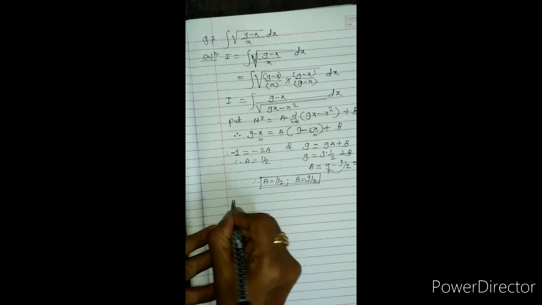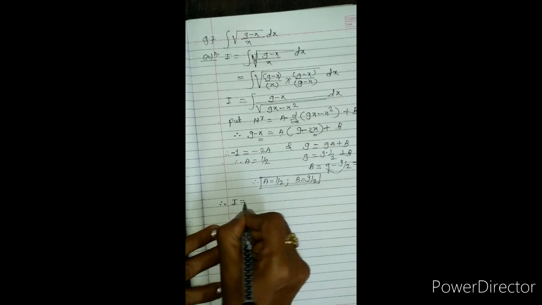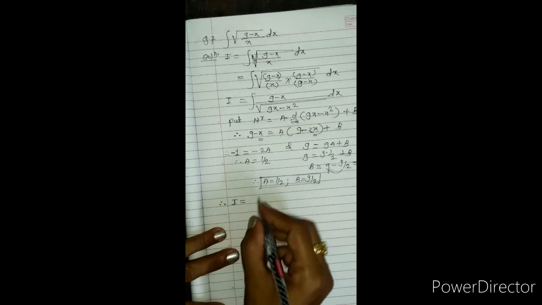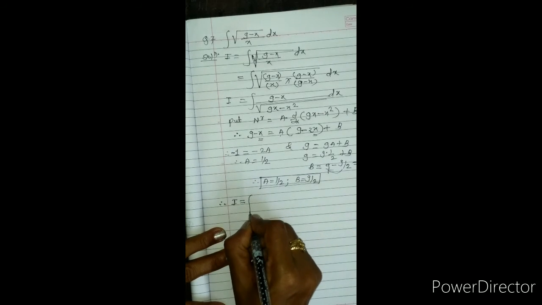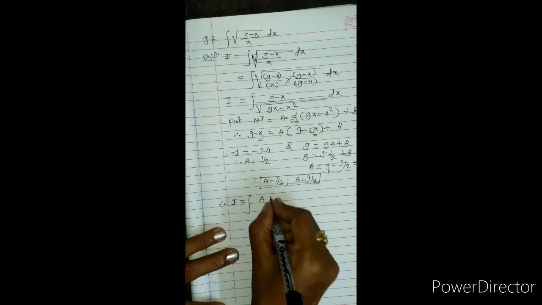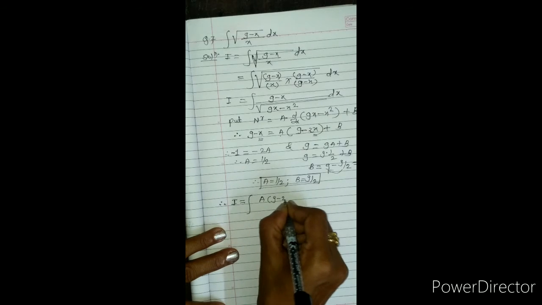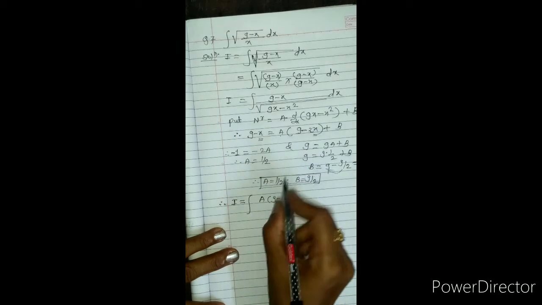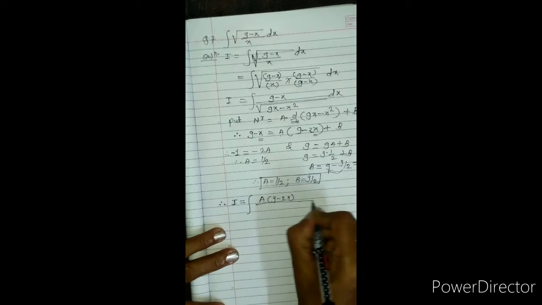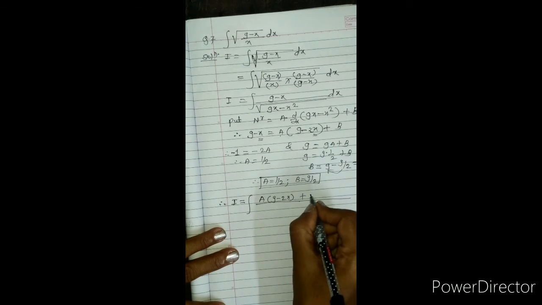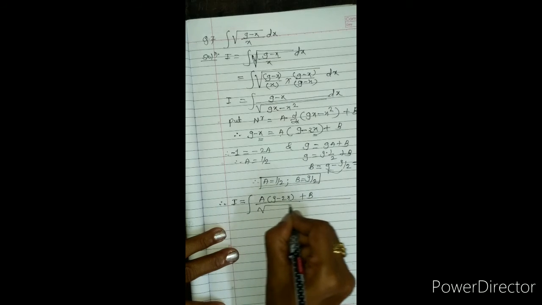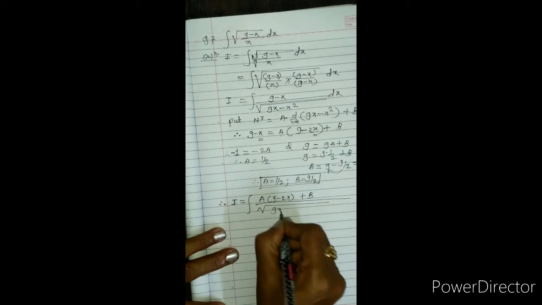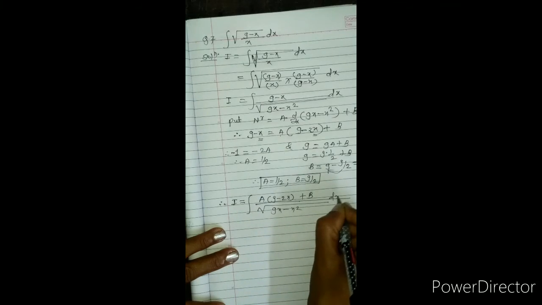Now the whole integral I becomes, for 9 minus x we can take the substitution as a, whose derivative is 9 minus 2x, a into 9 minus 2x plus b, and divided by under root of 9x minus x square.